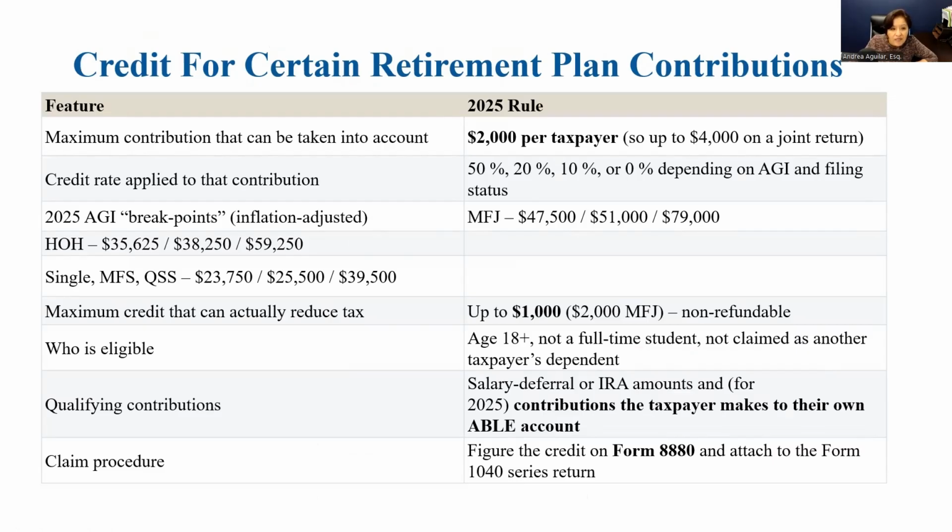Here I have added other information regarding the retirement plan contribution because OBBA has changed it a little bit. The maximum amount of contribution for a single taxpayer is $2,000. This has not changed. The maximum credit that any individual could claim was $1,000. But if we were preparing the tax return of a couple, then the maximum amount would be $2,000 for married couples.